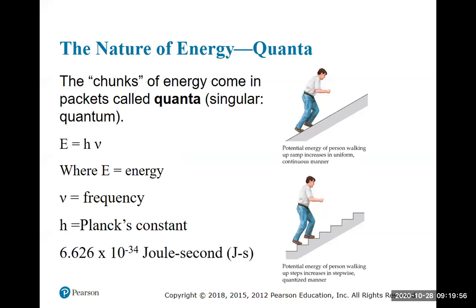So when we talked about the chunks of energy, the packets of energy, the quanta of energy, those were all terms that were used. It led to this formula with Planck's constant in it. And that is energy equals Planck's constant times the frequency. And there's Planck's constant, but the key thing is you look at the units, joules second.